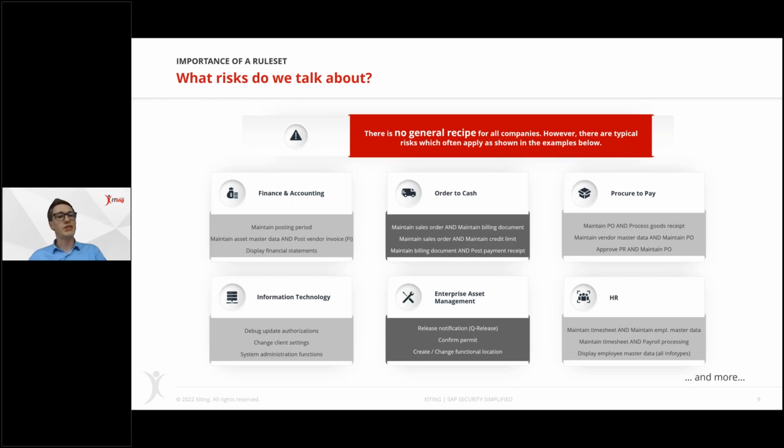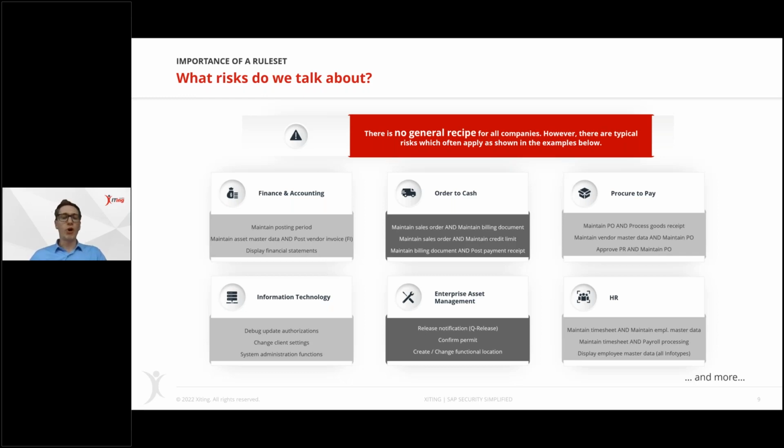So in the end, it's just the question about the rule set in general. Is it complete? Would you cover all relevant risks, or is there anything missed that you should be aware of?